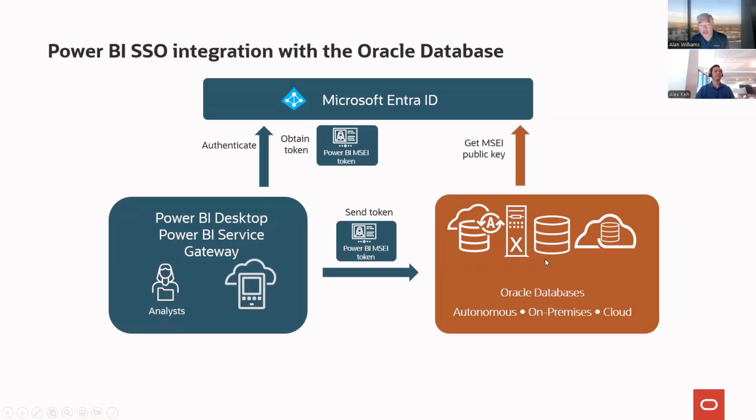So the Oracle database just needs to confirm that the token came from Microsoft Entra ID. We do that with the public key from Entra ID. And this works with any Oracle database, not just the autonomous, which we'll show a demo with, but with your on-premises databases, as well as databases in clouds, because this is an intrinsic database functionality. It's not related to any particular cloud or cloud control plane.